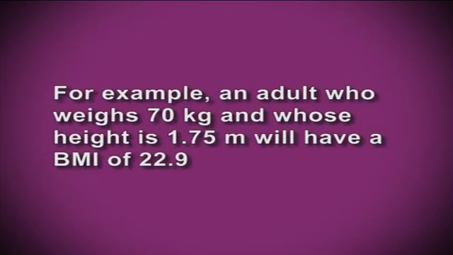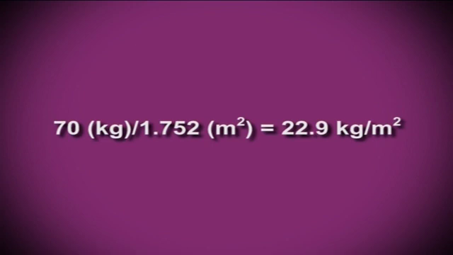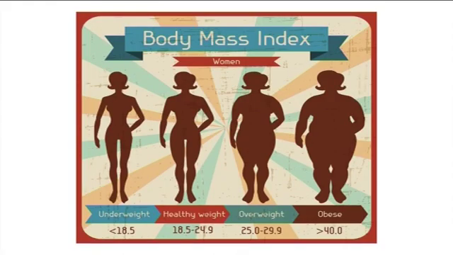For example, an adult man who weighs 70 kg and whose height is 1.75 meters will have a BMI of 22.9, that is 70 kg divided by 1.75 times 1.75, which will give a value of 22.9 kg per meter square.